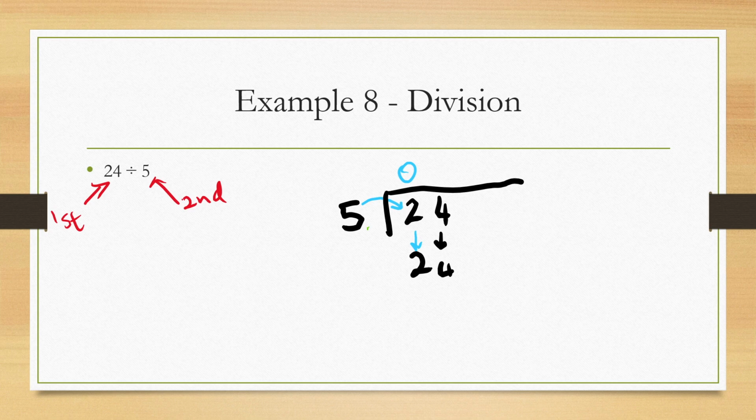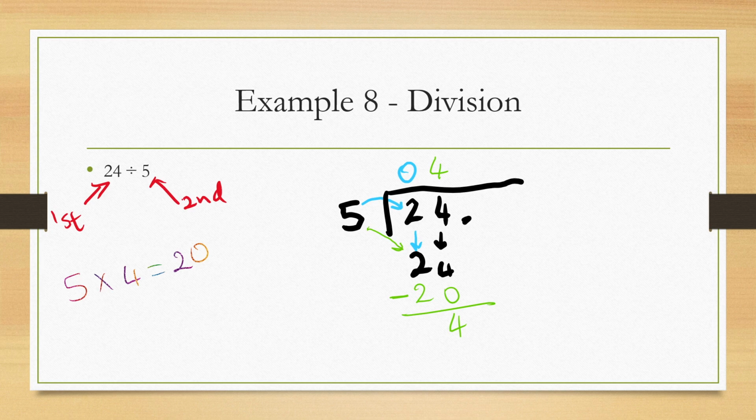So with 24 down, see how many 5s go into 24. Well, I know for a fact that 5 times 4 is 20. So therefore, 4 lots of 5 go into 20. So draw the 4 there, and you're going to subtract 20 from 24. So you're going to be left with 4.